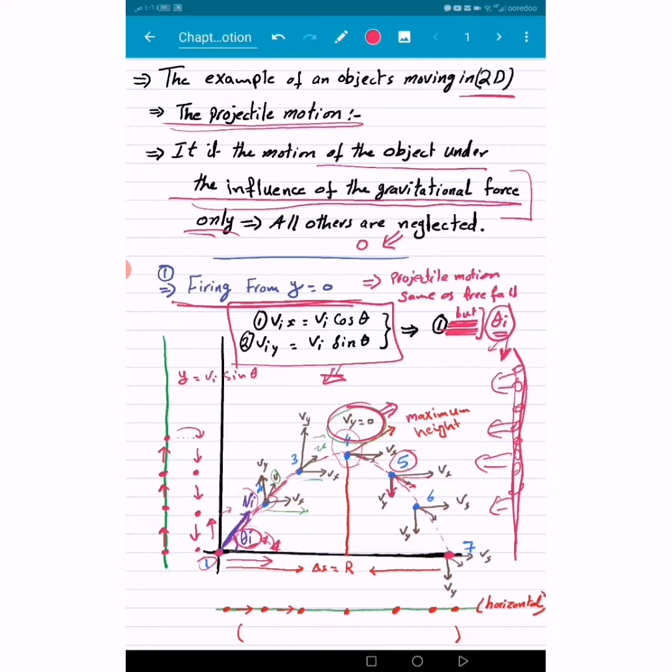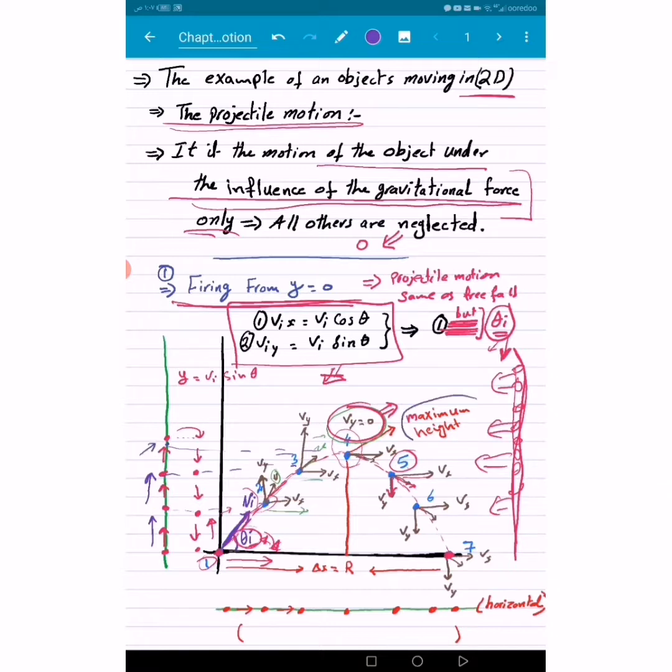I want to check in Y. So in Y, what does the object do? In the first point, it's here. Then the object moves up in point 2, still moves up in point 3, still moves up till point 4, which is the last point of the object's rise.